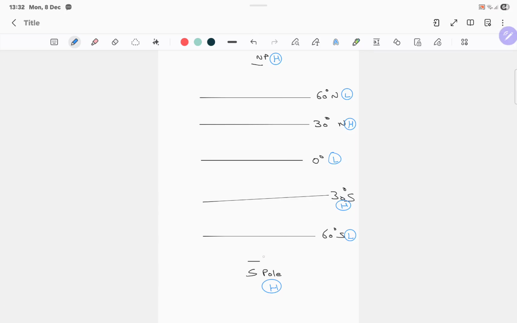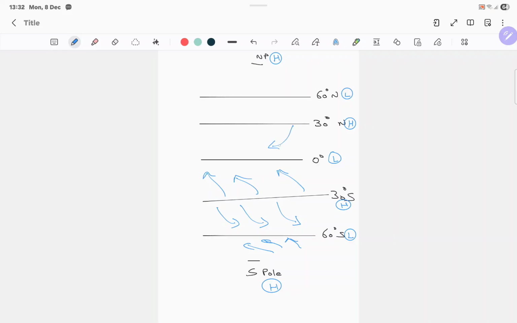So you can say wind will travel from high to low, high to low, in every band, across all the high to low pressure areas.